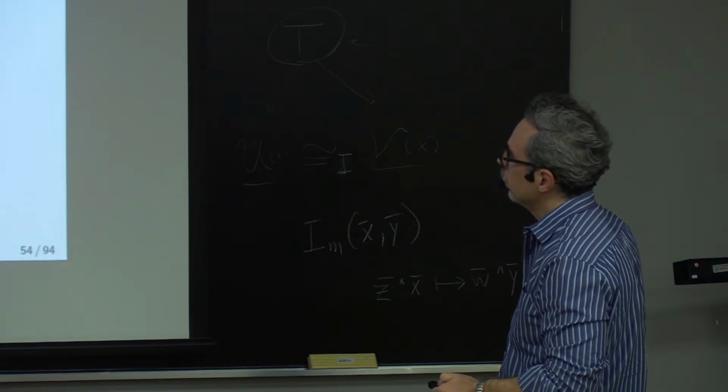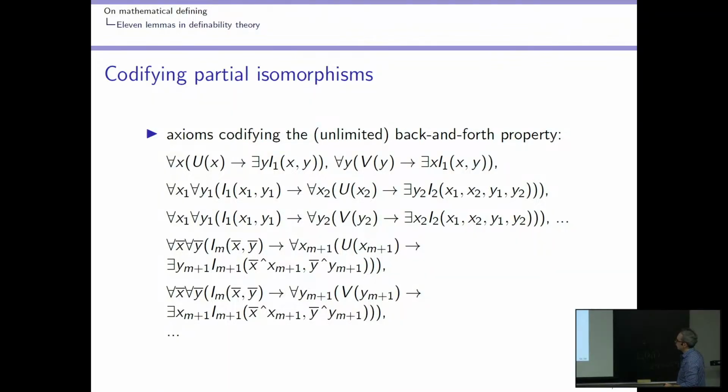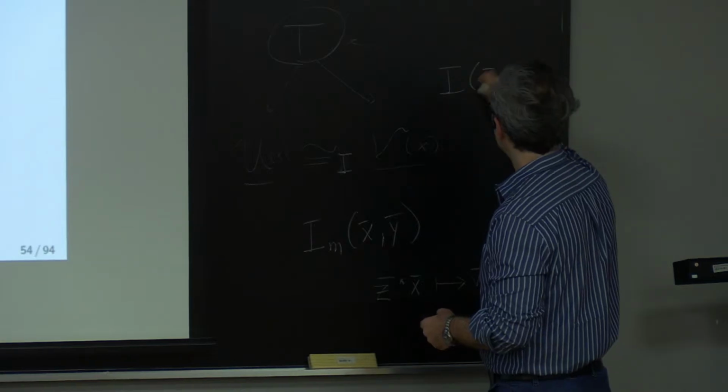And now axioms codifying the unlimited back and forth property. So for every x in U, there is a y in V such that x to y is a partial isomorphism. For every y in V, there is an x in U such that the replacement of x by y is a partial isomorphism, together with z bar.